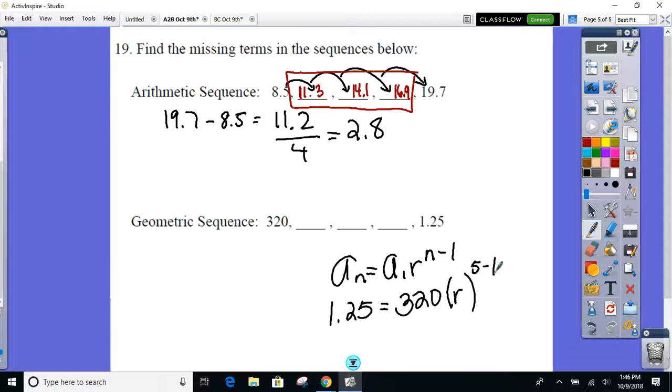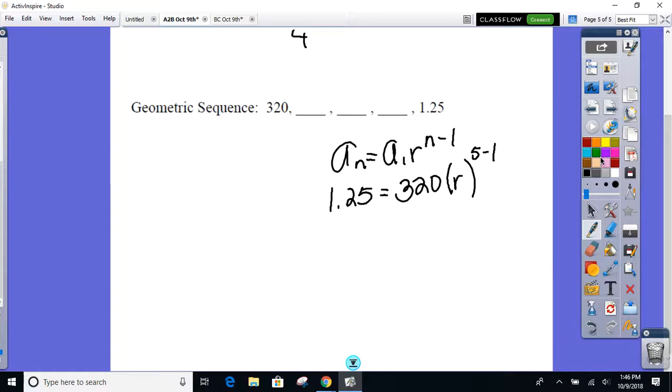Divide by, or not subtract, 5 minus 1, you can do that, yep. Divide by 320. Go ahead, leave your answer as a fraction. Divide by 320. You don't need my help here. You're better than this. I'm going to leave it as a fraction. 1 over 256 equals r to the 4th. Take the 4th root.